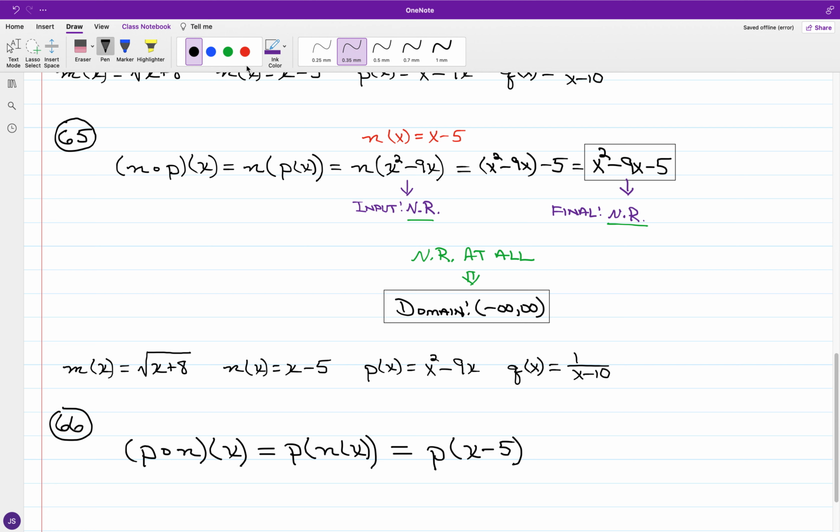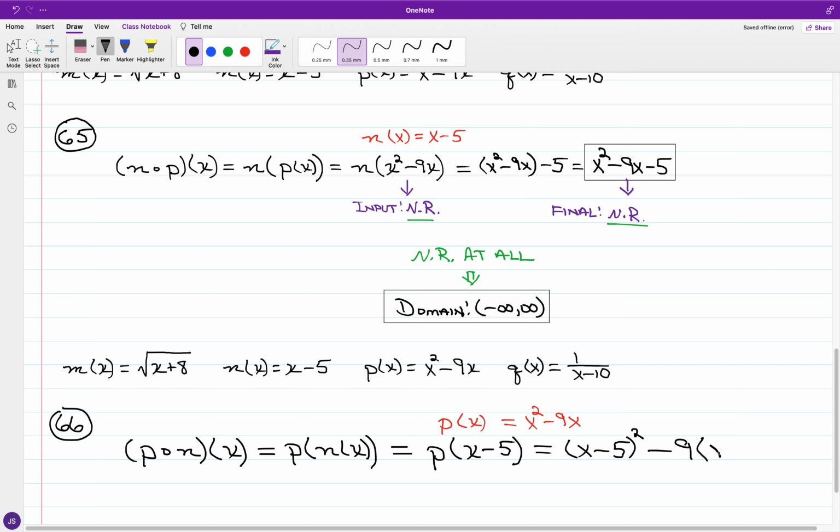Before, when I had the functions in reverse order, the output function was n of x, but now it's going to be p of x, where p of the input is equal to the square of the input minus 9 times the input. With the input at x minus 5, we have the square of x minus 5, and minus 9 times the quantity x minus 5.